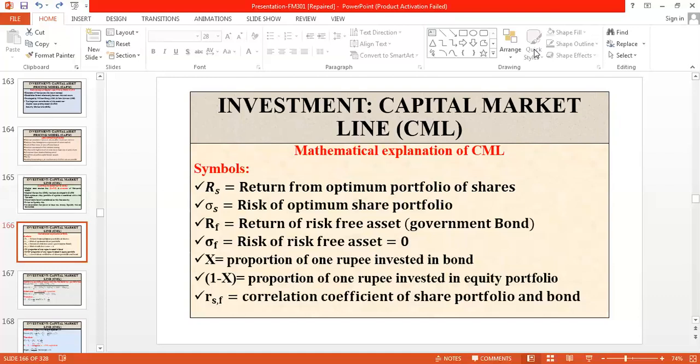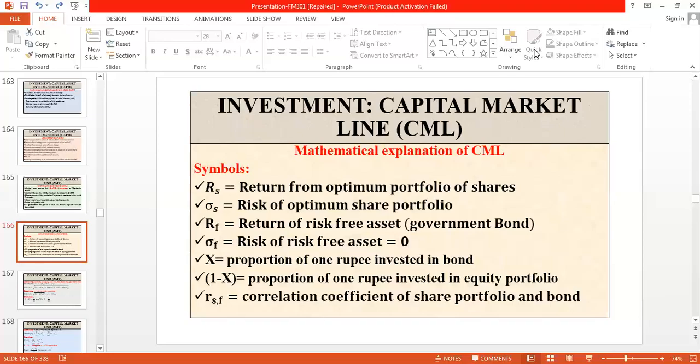This particular line is called the capital market line, and the mathematical interpretation we are now giving you shows how the line is formed. For that, we have assumed some symbols which we have already explained. RS means return of the risky portfolio of the Markowitz model. Sigma S means risk of the optimum share portfolio of the Markowitz model.